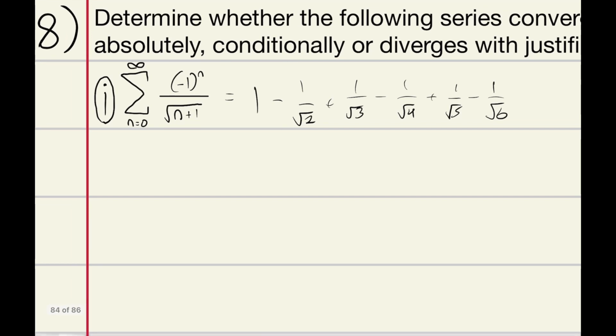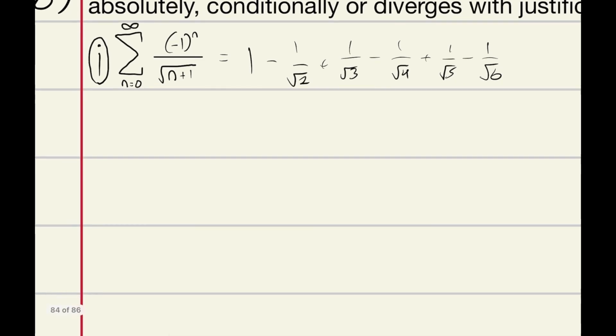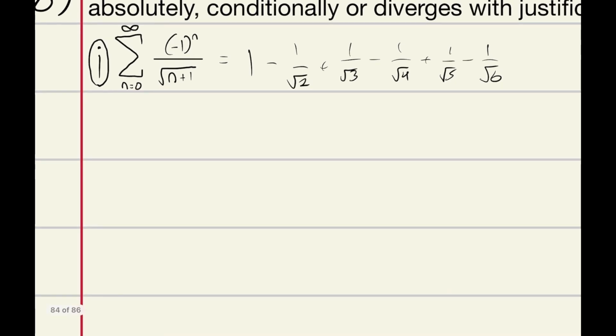We can see this alternates, so we can use the alternating series test. And that means that in an alternating series, there is a Bn that takes away the alternatingness, which would mean we have 1 over square root of n plus 1.